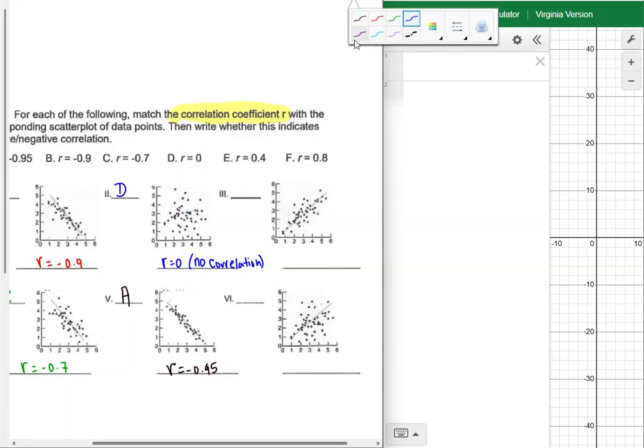So for this, I'm going to say E. Here the correlation is R equals 0.4. And then here, this is going to be F. It's going to be R equals 0.8. So that's the correlation coefficient, how it works.